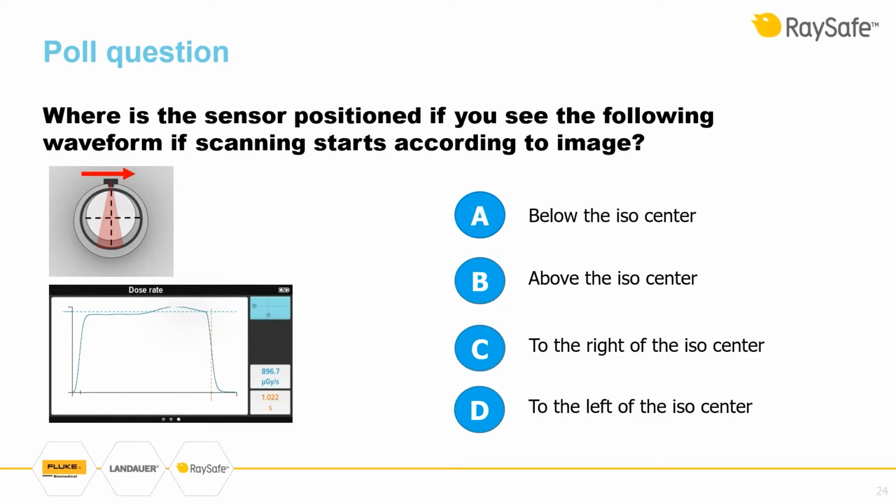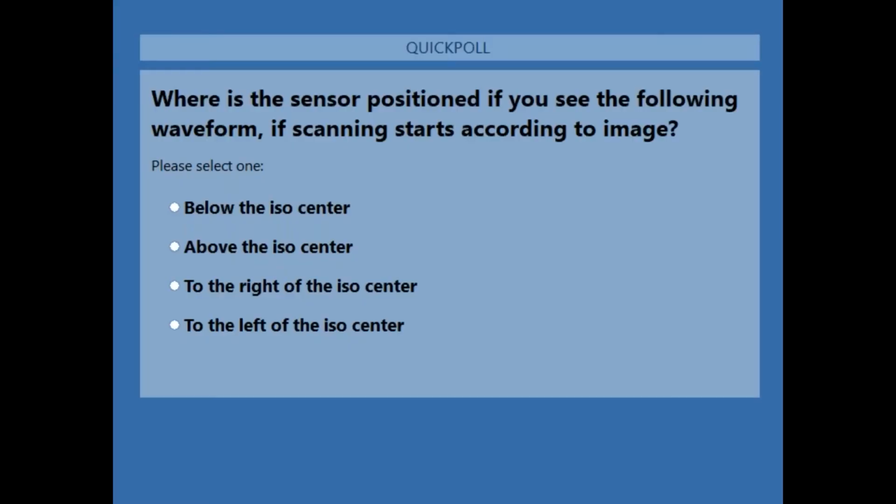Okay, here we go. I'll leave this poll open for about 30 seconds or so. Once we get a good percentage of people answering, you should see up on your screen a quick poll and the answers that were the options before.